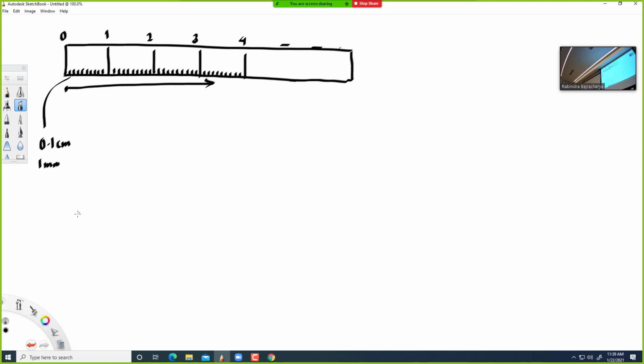So when you measure that, see where this one aligns with the division. So let's draw a line here. Let's blow it up. So we know for sure that it crossed this mark. So the first number is 3, and then it also crossed this smaller division.